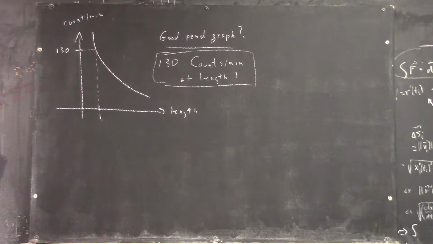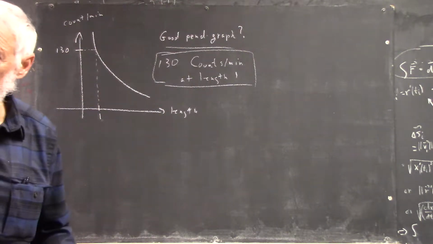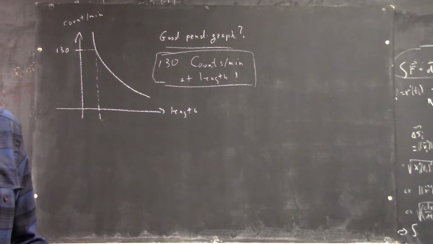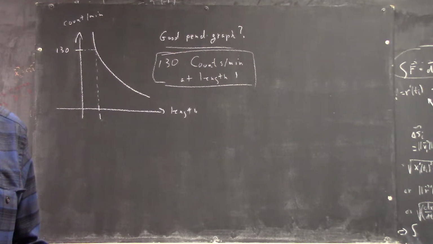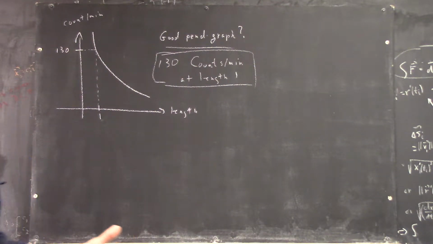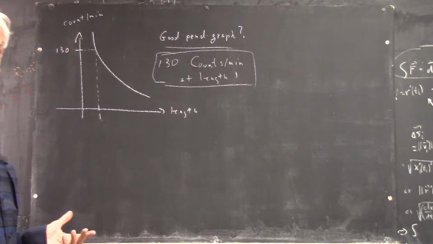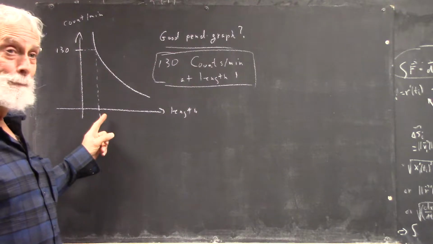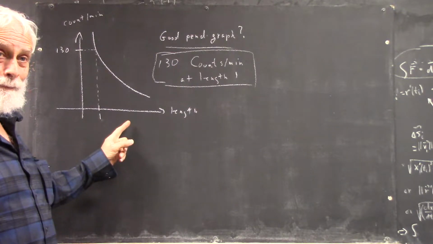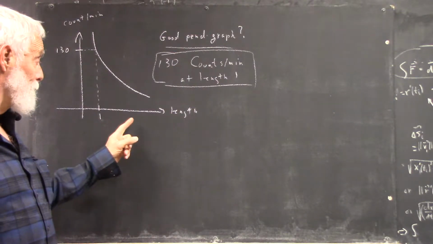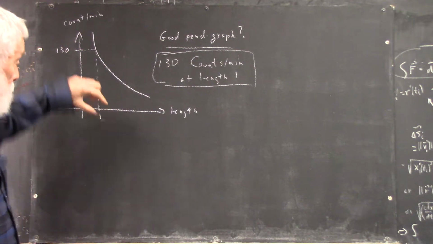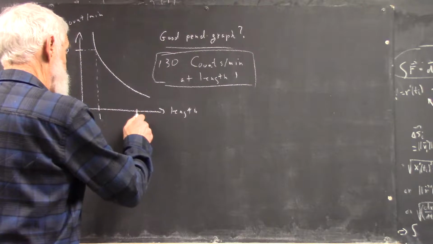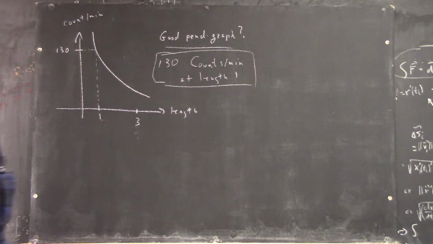So how many counts, according to this, would there be at length 3? Okay, well, where do you think length 3 is going to be? Tell me where to stop. Okay, around here? Yeah, that's pretty good. There's 1, there's 2, there's 3. That's just about where you said. Okay?